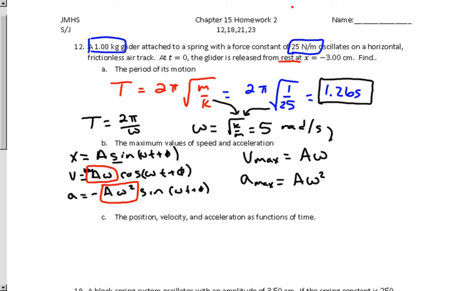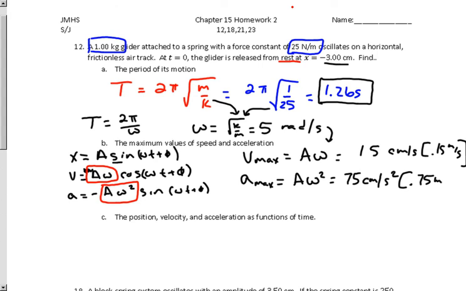Since we just found omega, and we know that A is 3 centimeters, we end up getting 15 centimeters per second, or 0.15 meters per second. And for a, we get 75 centimeters per second squared, which is 0.75 meters per second squared.